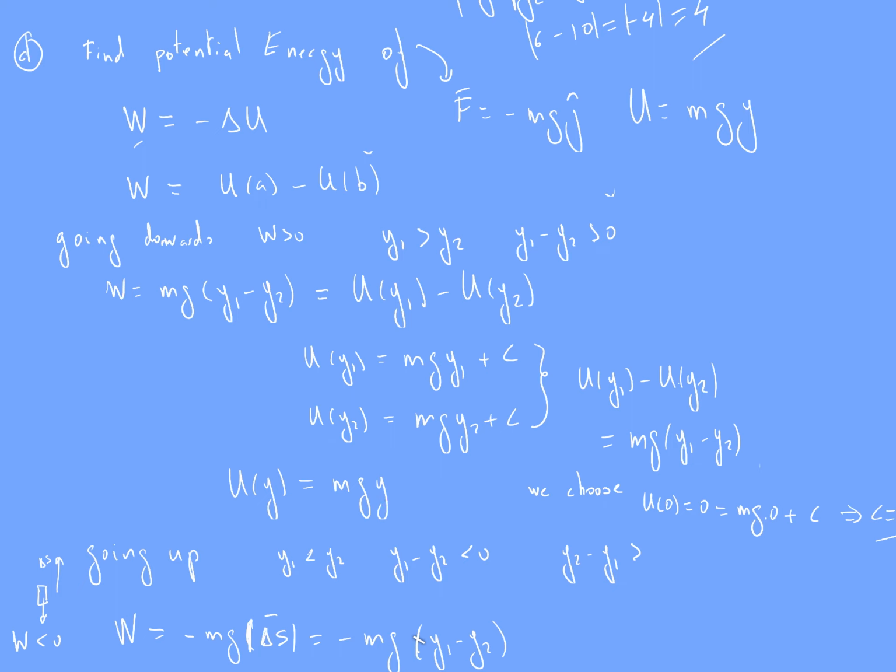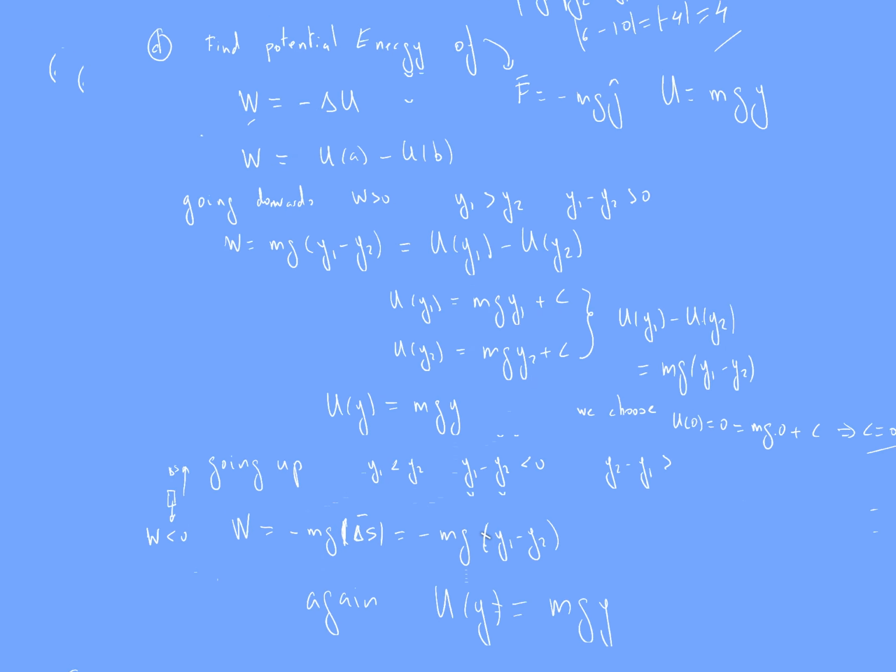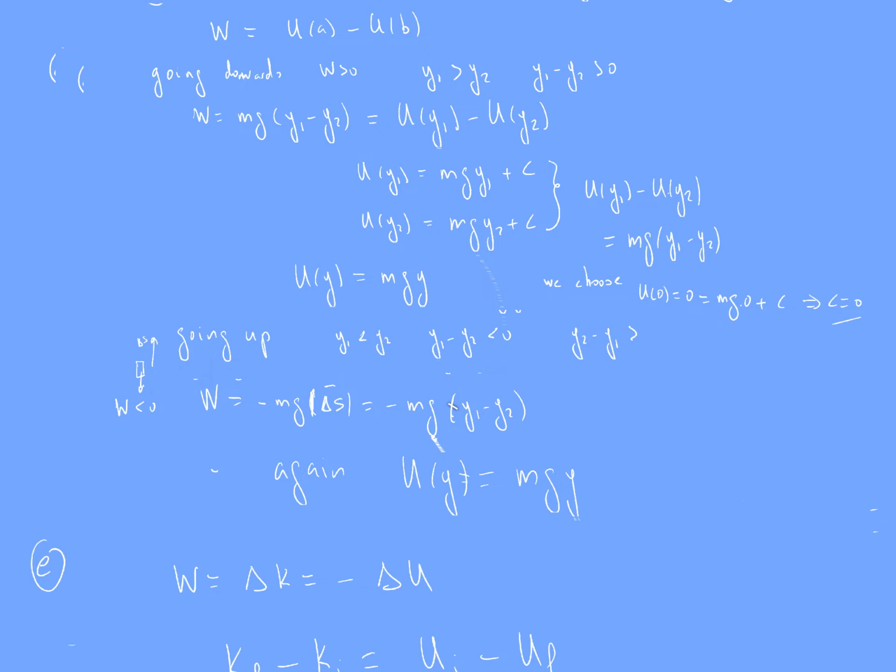So this is going downwards. It would be the same going upwards. You will see that it will be the same expression. So let's do the same problem, but going upwards, to find the potential energy.